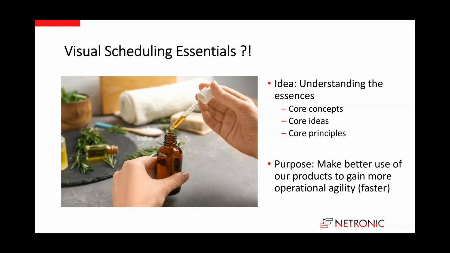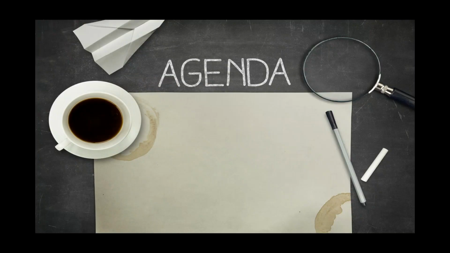If you're a customer, I would like you to make better use of our product so that you gain more operational agility faster, or if you're a partner, that you can help your customers make better use of our products, because you get a deeper understanding of the core principles, the core concepts, and the core ideas. And today I start with filtering.